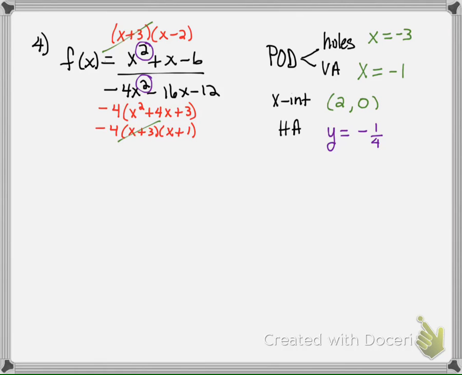Any questions 1 through 4? Yes. I set the factor x minus 2 up here from the numerator equal to 0 and solved. So it would be just like finding vertical asymptotes from the denominator. When we use the numerator, those are our x-intercepts. Okay. Yes?